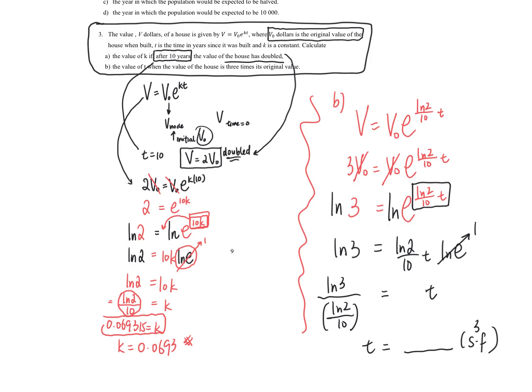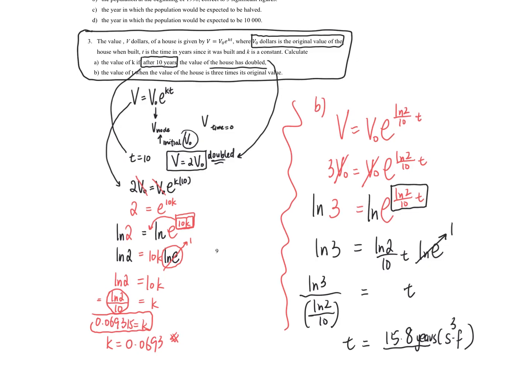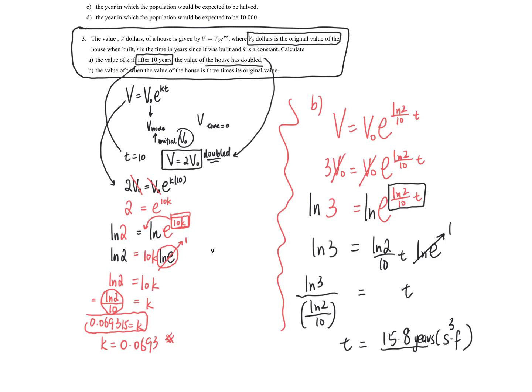Just take note that this chapter is just a lot of laws and rules. So you get 15.8 years. Problem sum is just what you substitute. The solving part is the new thing here.